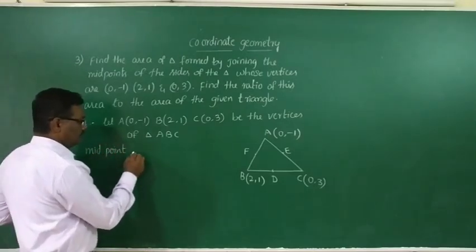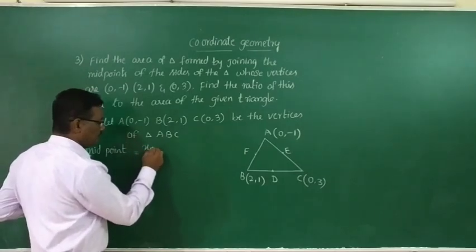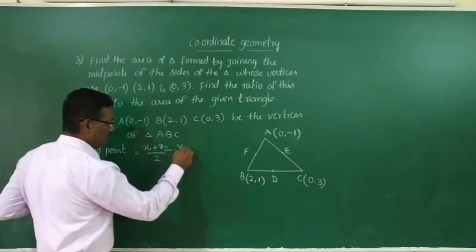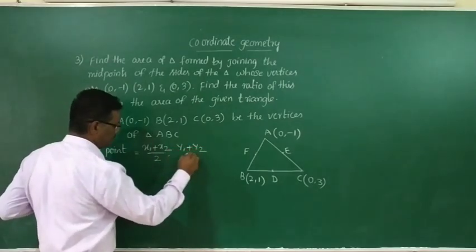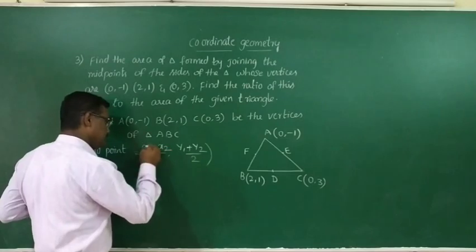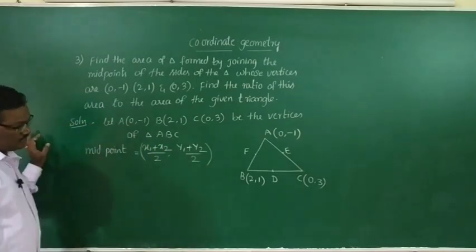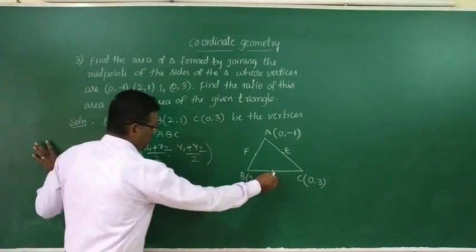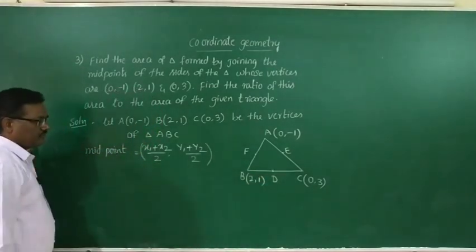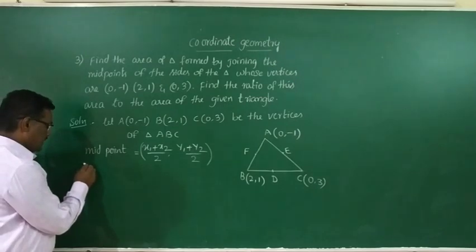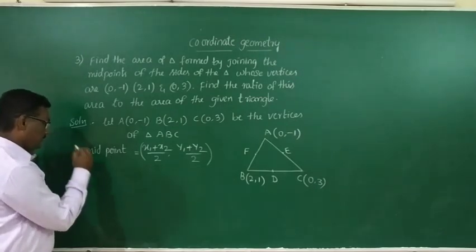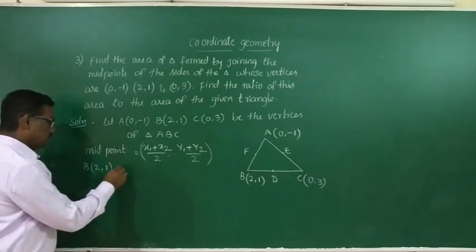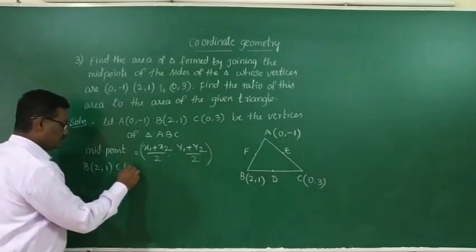Midpoint formula: x1 plus x2 by 2, y1 plus y2 by 2. This is the midpoint formula, right? So now midpoint D is the midpoint of BC. Yes, I can mention here B 2, 1, C 0, 3.